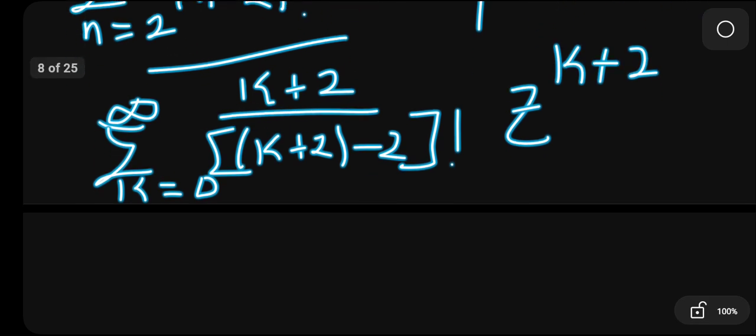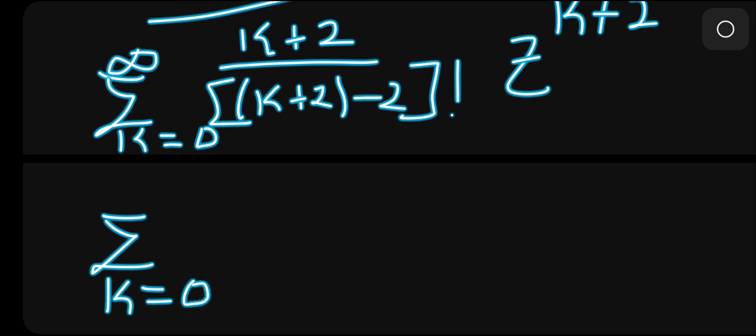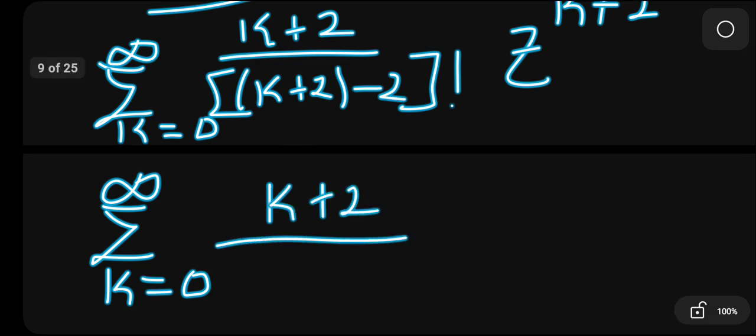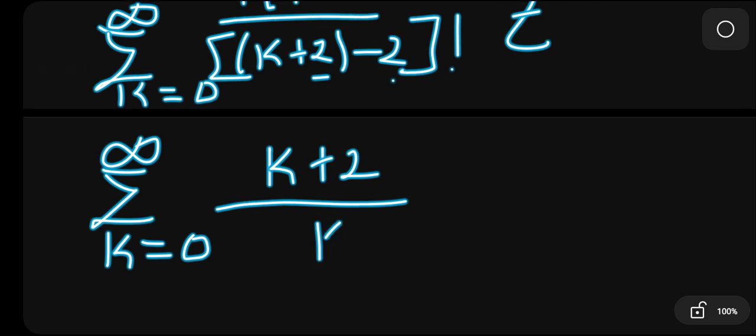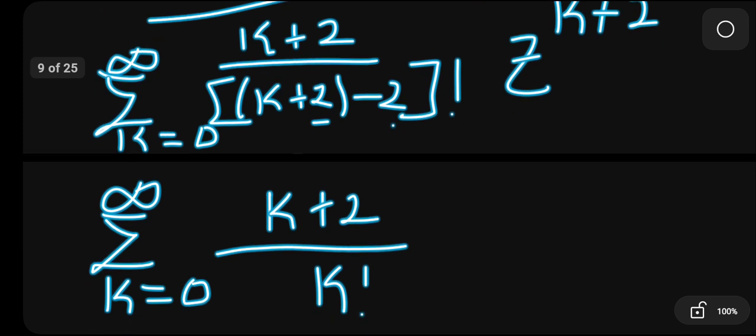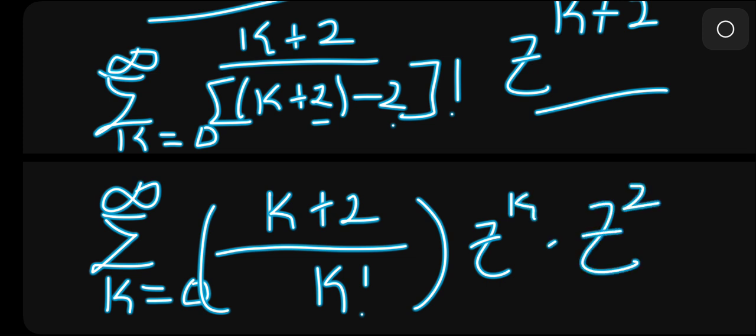So we can simplify this further. So now we have the sum of k equals 0 all the way to infinite, k plus 2. Now this will take care of this. So now we have k factorial. Now this becomes z power k multiplying z power 2.